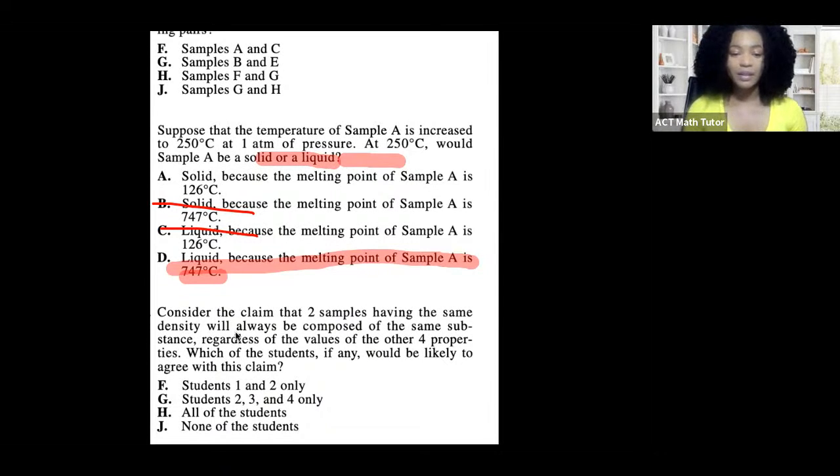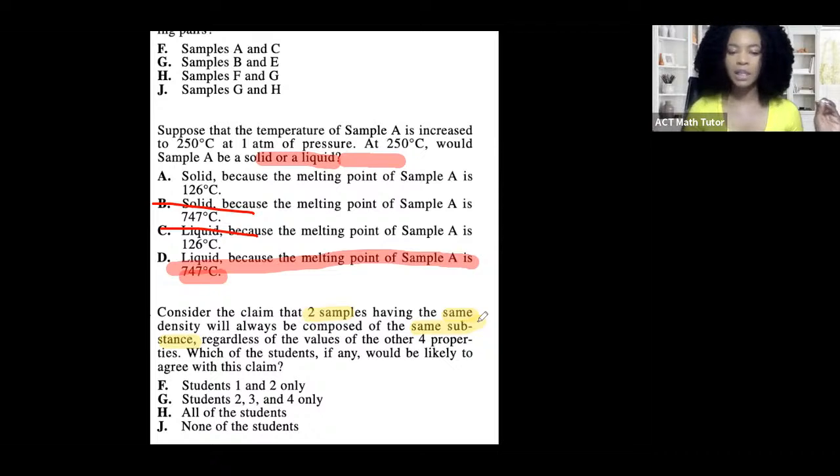All right, so consider the claim that two samples having the same density will always be composed of the same substance. Okay, so this is the claim, this is the hypothesis. Two samples having the same density will always have the same substance, regardless of the values of the other four properties.